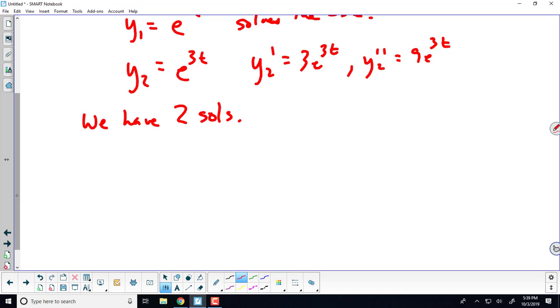The vector space of solutions is dimension 2, so we've got 2 of them. We're good to go as long as we show that they're linearly independent. If they are linearly independent, then they are a basis.